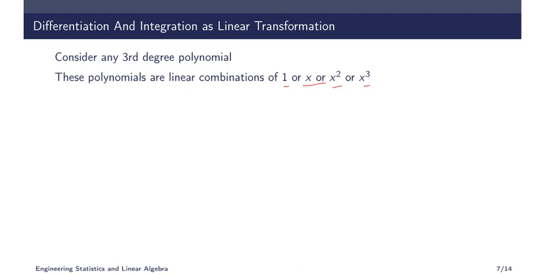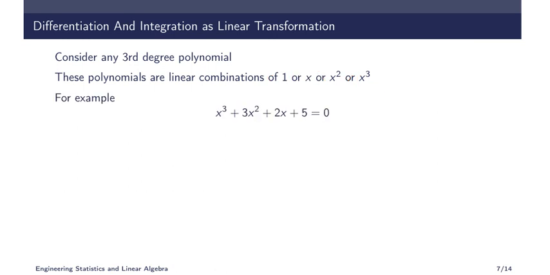If any vector in the polynomial space is always a linear combination of these elements, then what are these called? These become the basis. According to the definition of basis, any element in the space is a linear combination of these elements.